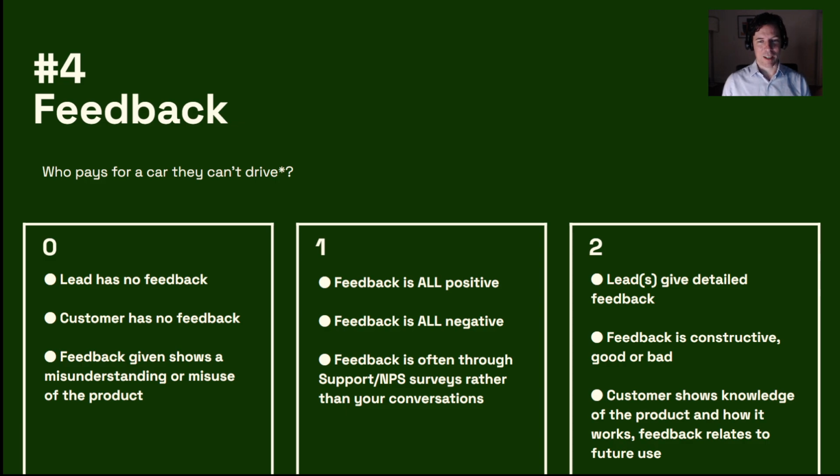A 1 in feedback: feedback is all positive, or feedback is all negative. The all positive tells you that they are maybe not looking at it in the depth that you would like. They're just, for lack of a better word, a blind advocate. Feedback is all negative indicates a negative sentiment where they just don't like you or it. Feedback is often through support and NPS surveys rather than through your conversations.